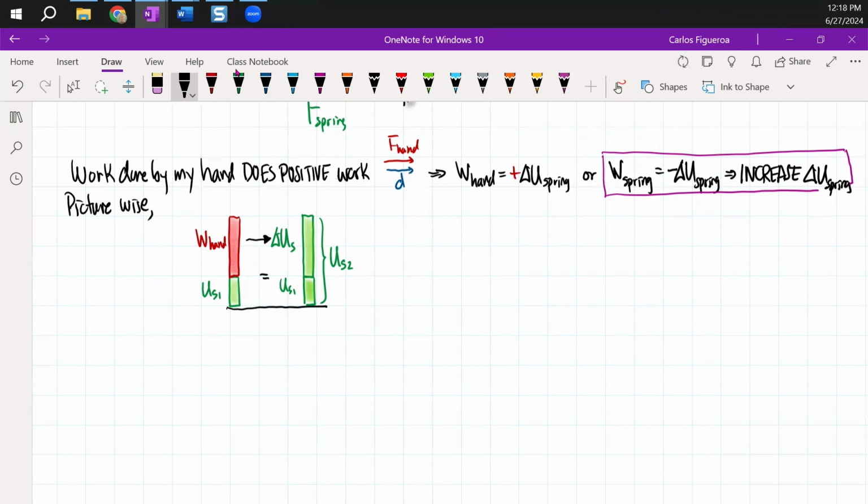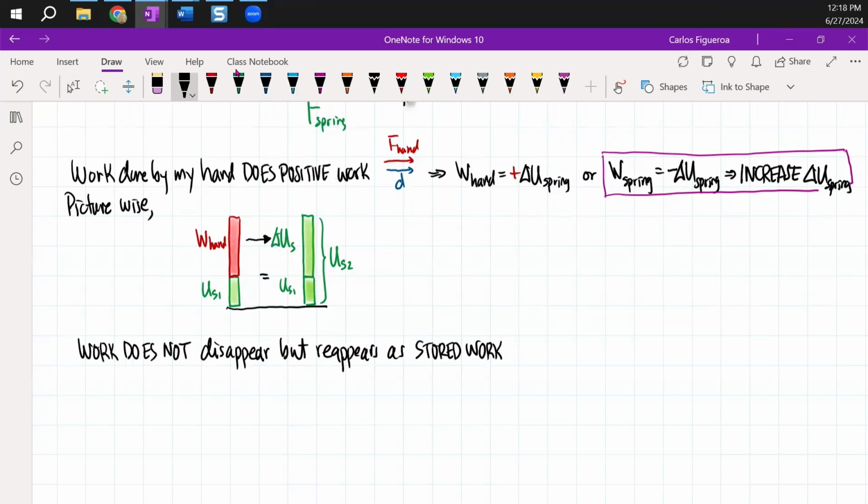We say that the work does not disappear, but reappears as stored work.